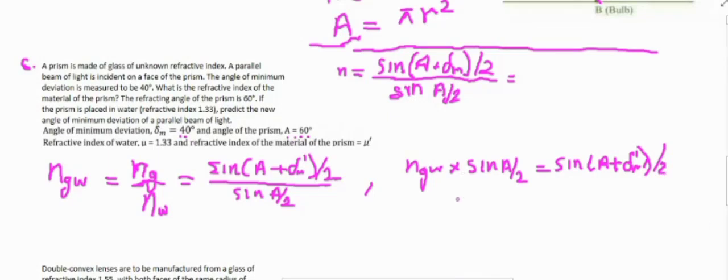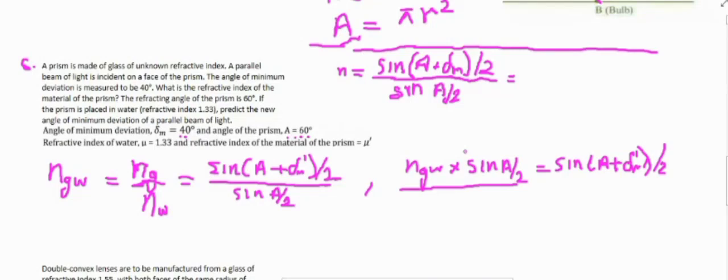Now what you have to do? On the right hand side, you will get the value, and this value you have to search in the sine table. Whatever value you get, you have to search in the sine table. Then you will get a particular value of angle.